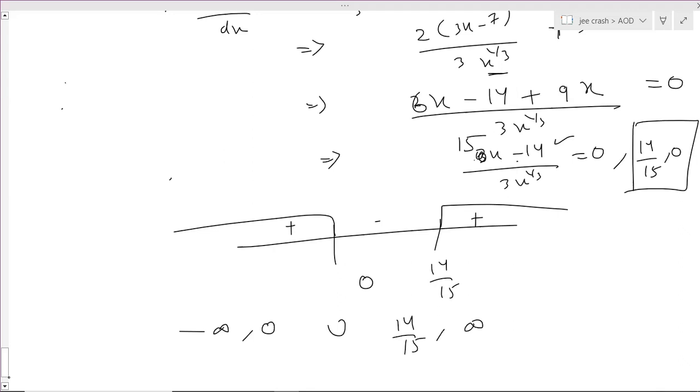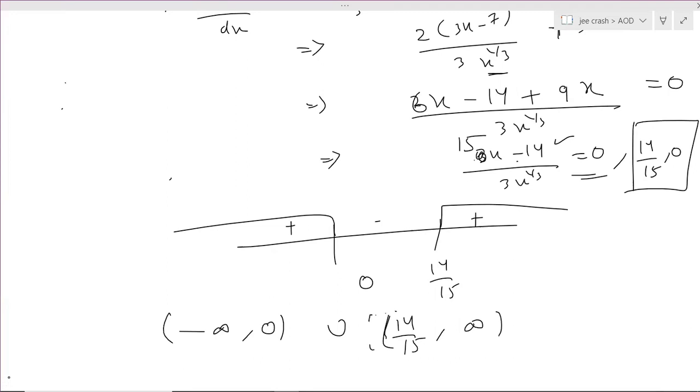Where should I put close brackets? Open brackets in all. Why? Because they are saying increasing, right? We cannot put it equals to 0. In fact, the options also do not have any close brackets.